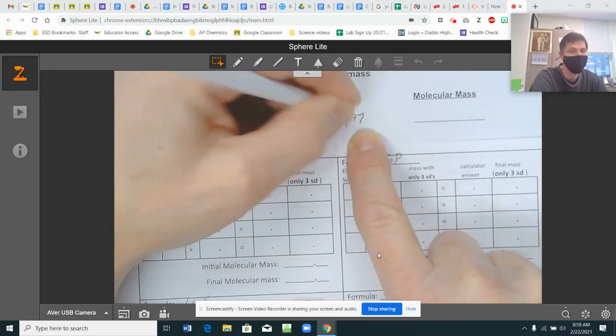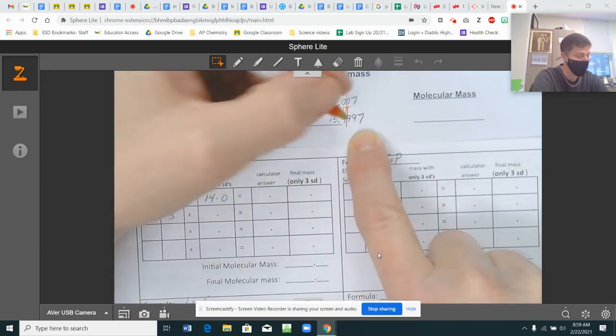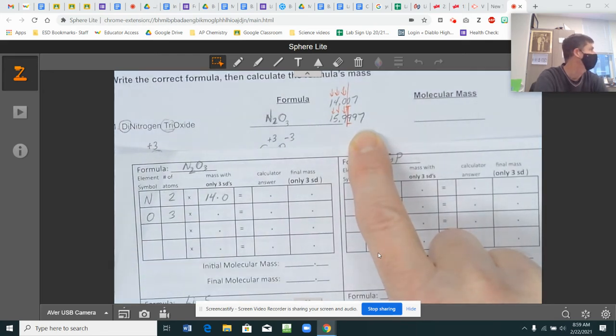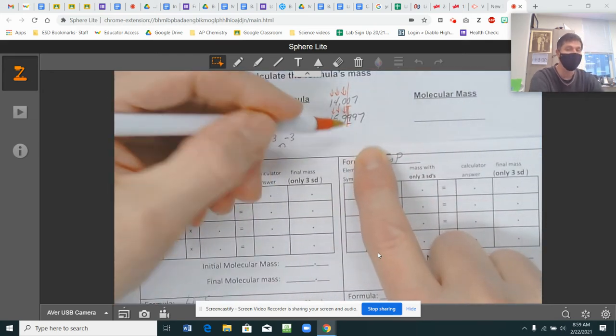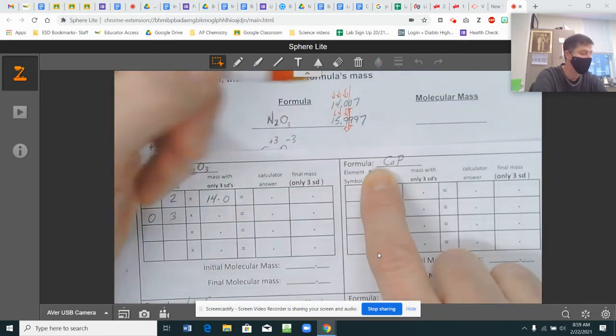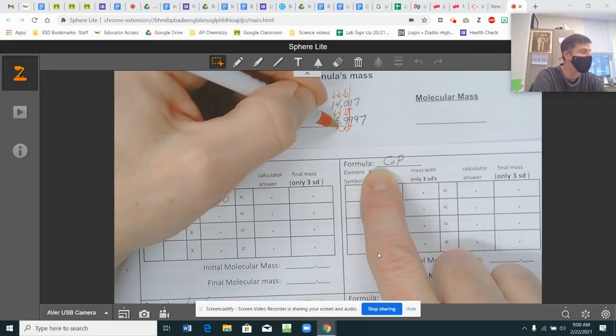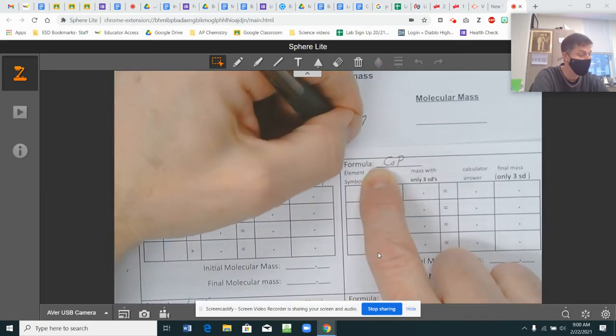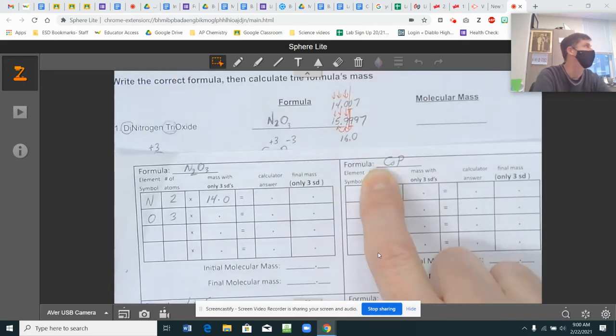My number cuts at that spot. But you always have to look one spot to the right. 5 or greater rounds, right? So this 9 is going to round that 9 to a 10, right? And then that 1 kicks that 5 up to a 6. So it's actually going to become 16.0. Does that make sense?